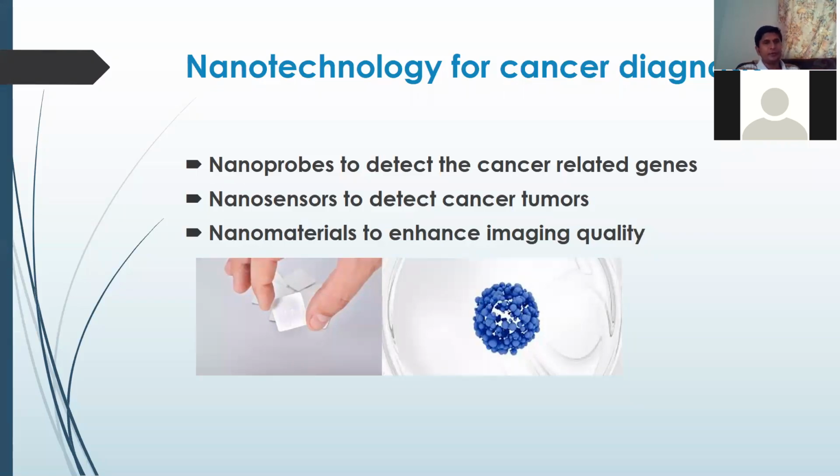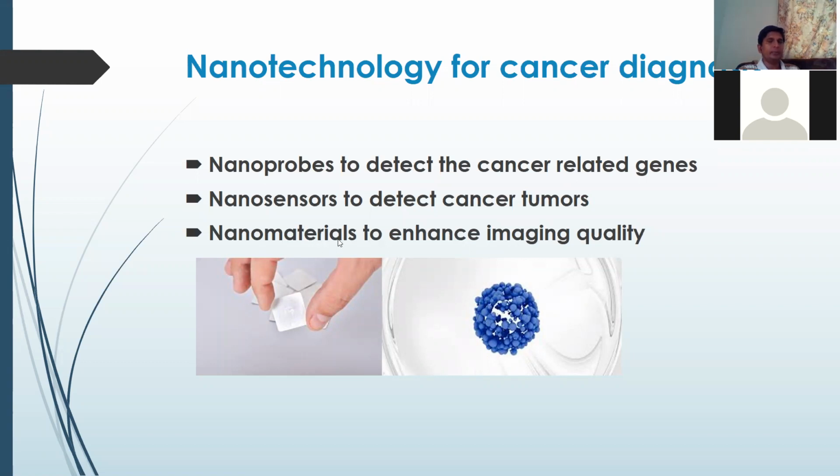The question is how? How could nanomaterials help to enhance the quality of existing imaging techniques in order to diagnose the cancers? The reason is that nanomaterials are very sensitive. They have a much smaller size and they have very unique optical properties. Now, these optical properties could be utilized in the imaging technique.